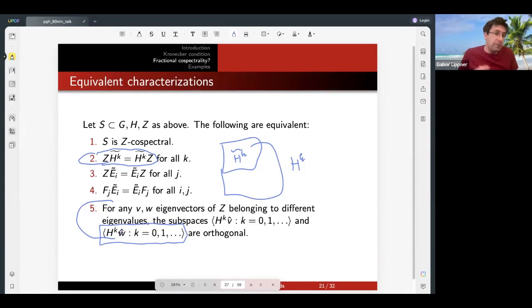These are subspaces of R^n, and what I need is that these subspaces are pairwise orthogonal for different eigenvectors of Z. This is, again, an equivalent characterization of this generalized Z cospectrality.